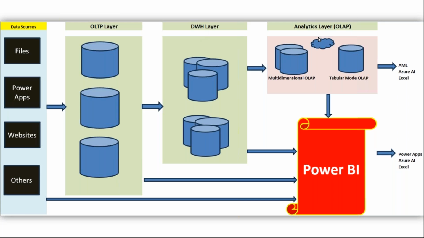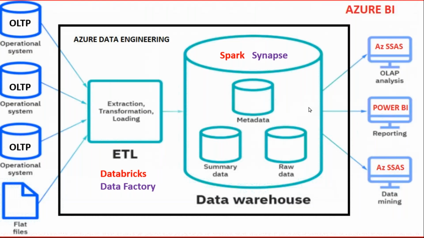From the data warehouse comes analytics, data science, reporting, and so on. Now, how do we implement it? The end-to-end BI, business intelligence model, needs you and me, data engineers. We are concentrating on ETL and warehouse, the main backbone for a BI platform, business intelligence platform.